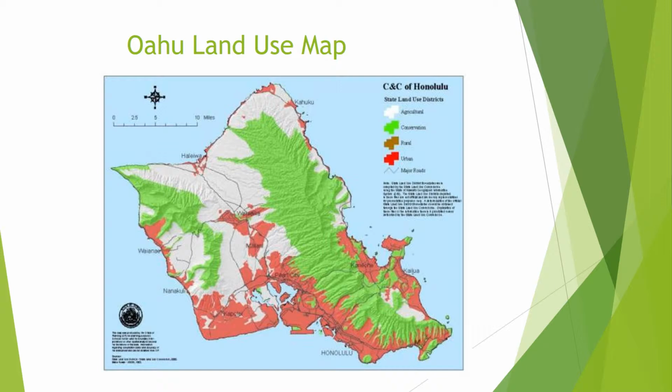For agriculture, you can see it's primarily clustered in the central Oahu belt, going up through Kunia, Mililani, and then up on the north shore, Haleiwa, and then over towards Kahuku. And then we see some patches as well over on the windward side, mostly in the Waimanalo area.